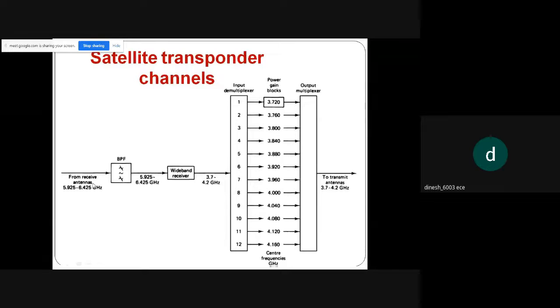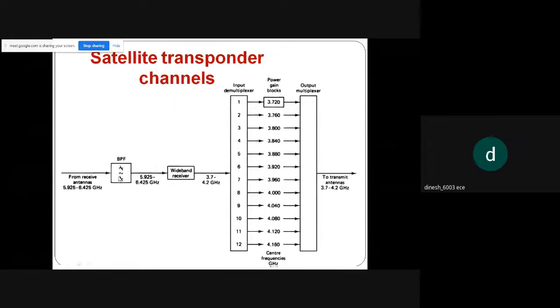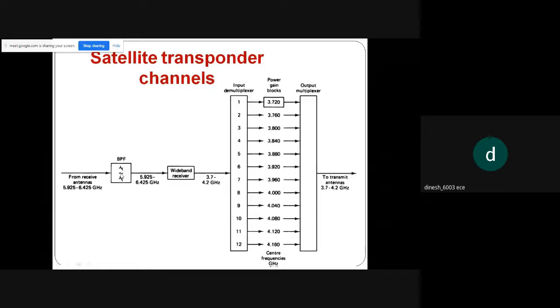From the receiving antennas, we have approximately 5.925 to 6.425 gigahertz. We have a band pass filter, and from the band pass filter the unwanted signals below 5.925 and above 6.425 gigahertz are filtered out.